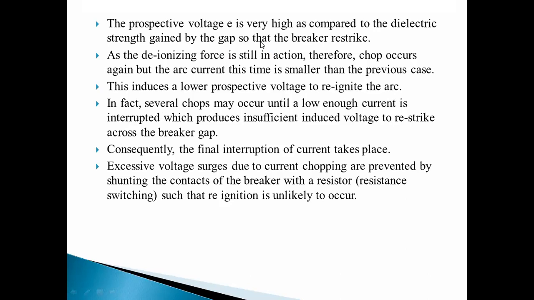And as the deionizing force is still in action, chop occurs again, but the arc current this time is smaller than the previous case.